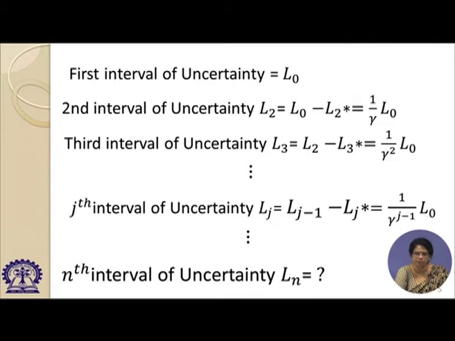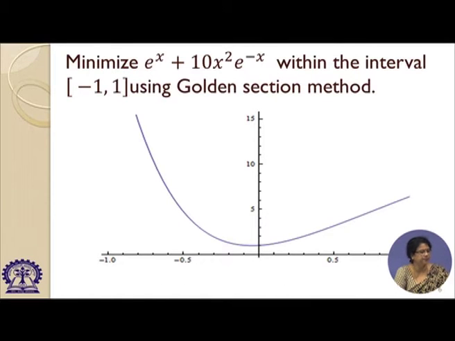I showed you in the previous. That is why if I ask you what should be the length of the nth interval of uncertainty, very easily you can say that must be Ln, and the value of Ln you can calculate. That way we will proceed in the golden section method. Other than this, nothing is there in this method, and we will just see the convergence.